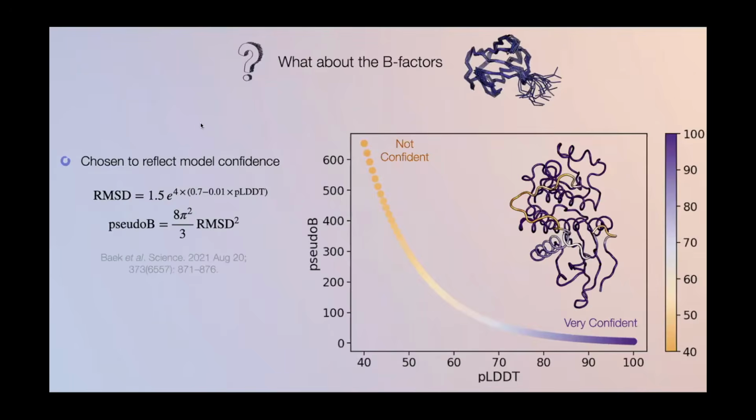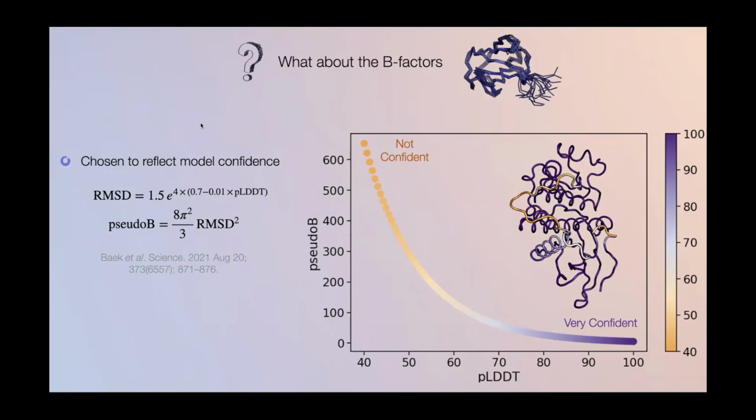Just one minor thing: we haven't yet incorporated B-factor refinement as we go along. Right now, and we have some interesting results on this, we let this pseudo B-factor, which has also previously been used in Phoenix and Rosetta, reflect the confidence that AlphaFold has on each residue.